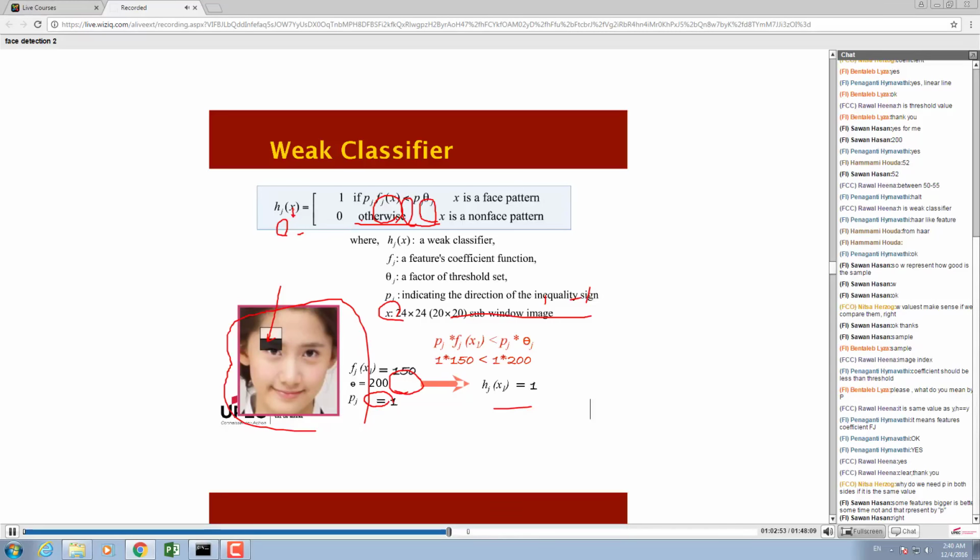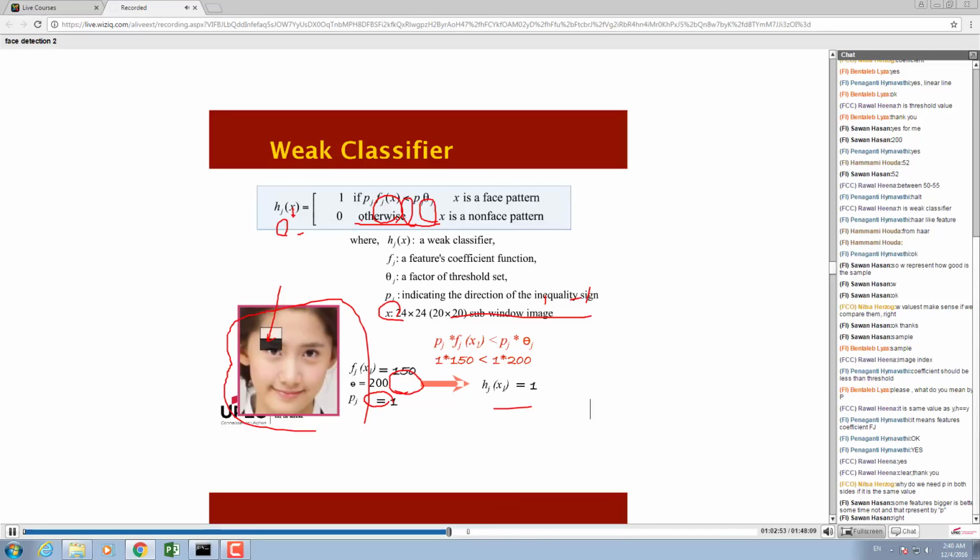Is it clear? So p doesn't include any serious number or meaning, just the direction. Some h can have negative 1 for p, but some h can have positive 1. So p uses the index j. It is per every weak classifier. Is it clear now?